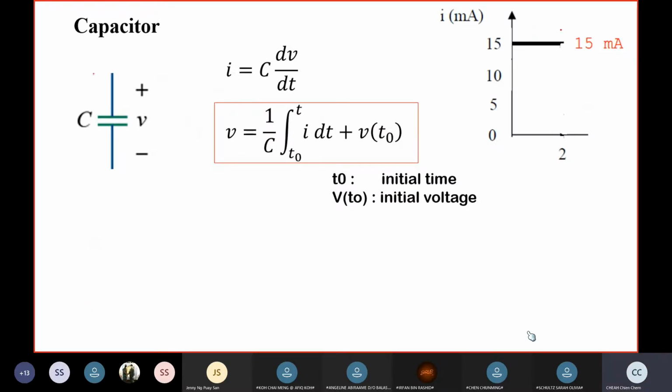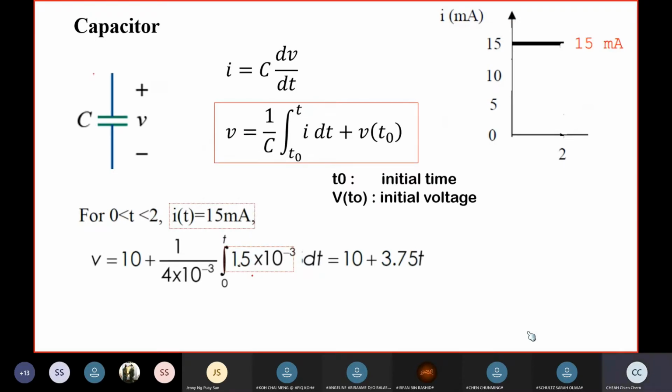So we plug 10 milliamperes into here, and then we integrate it, divided by C. C is 4 times 10 to the power negative 3, right? Initial voltage is 10, so we add on the 10, and you integrate a constant. If you integrate a constant, you basically just get t.